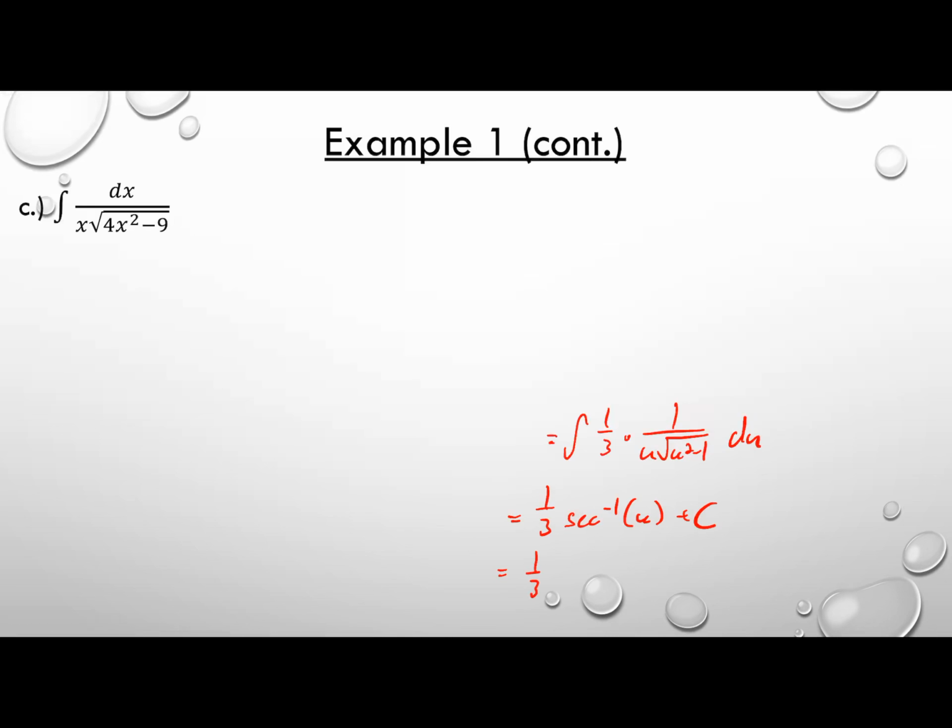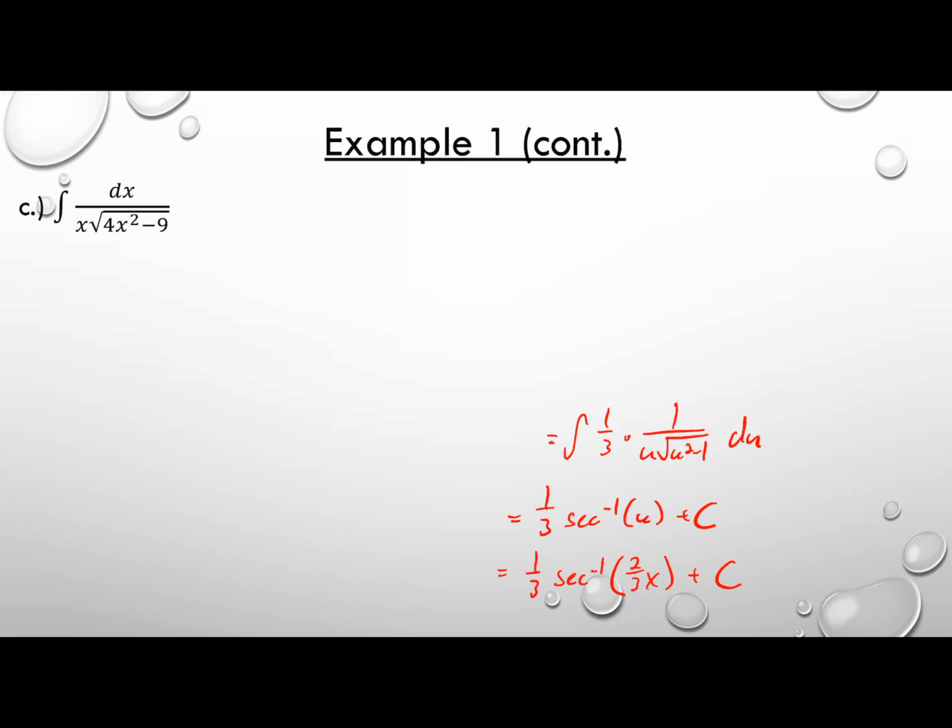What was that u? It was 2/3 x, if I remember correctly, plus c. And we have our final answer. So it took a bit of work, but we finally got it there.